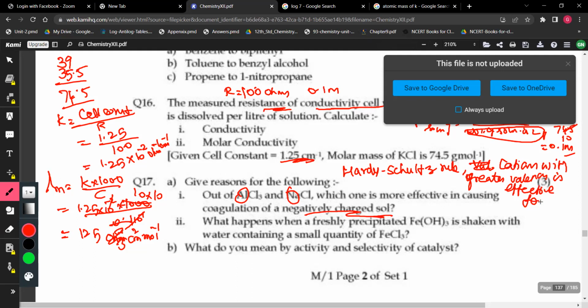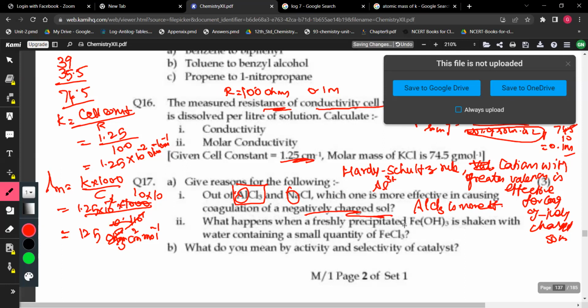Comparing the valency of Al and Na, Al has more valency. So Al3+ is more effective. So out of the two electrolytes, AlCl3 is more effective.